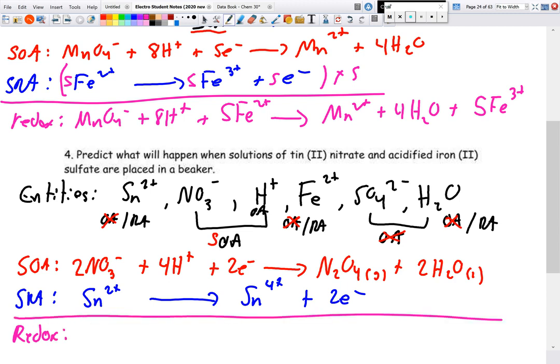So of course we add the 2 of these together and we will notice the electrons already match up. So you scratch those out and we have our redox that looks something like this.